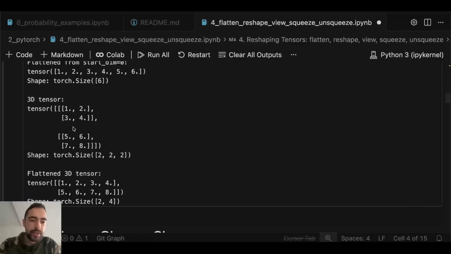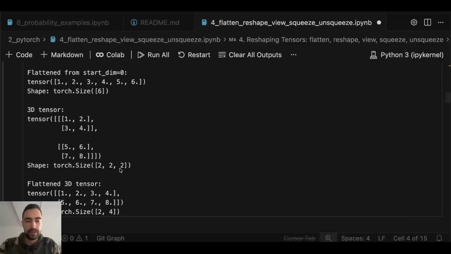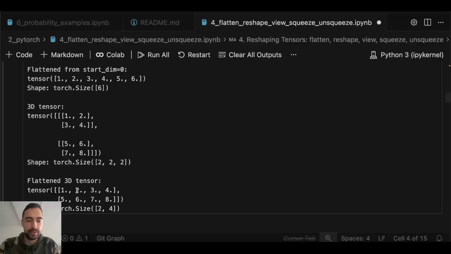Instead, we will preserve these outer 2 elements, and then we will flatten within them. So we will flatten within these outer elements. So it will be 1, 2, 3, 4, because we are preserving dimension 0 and we are starting from dimension 1. So you can play around with this and try to change it and understand what's happening here. Try to make bigger tensors, try to put some other dimensions.